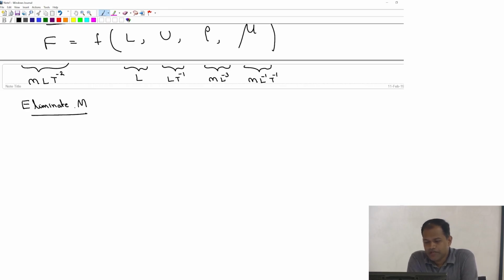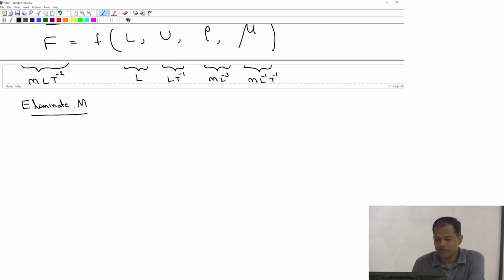So if you want to eliminate mass, you can select a variable which contains mass and then divide appropriately. For example, in this case, let's say we have mass in force, density and viscosity. We can select any of them. The simplest is probably density. So I will use density to eliminate mass from all variables that contain mass dimension in it.